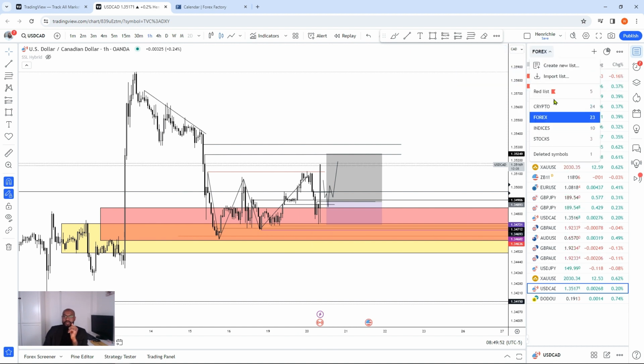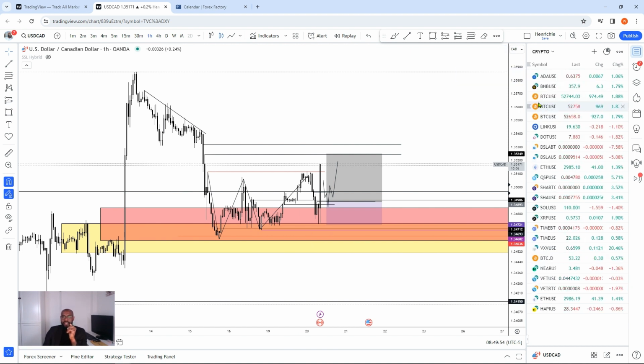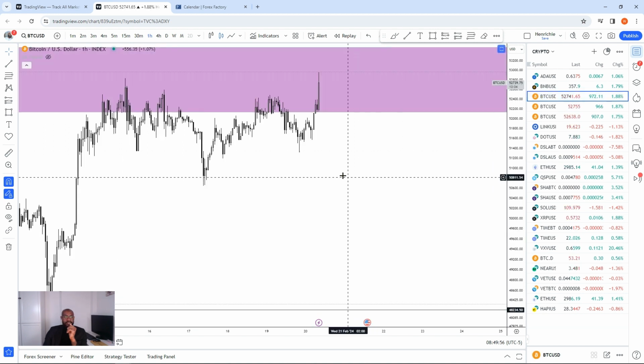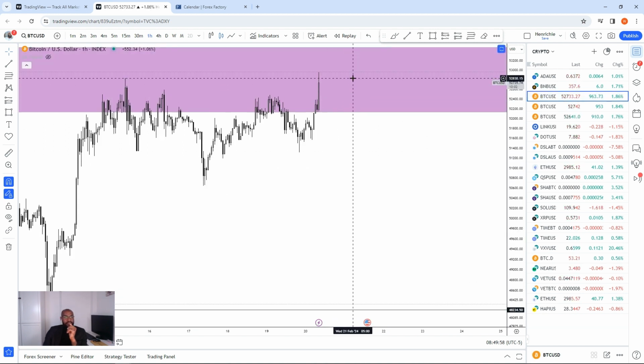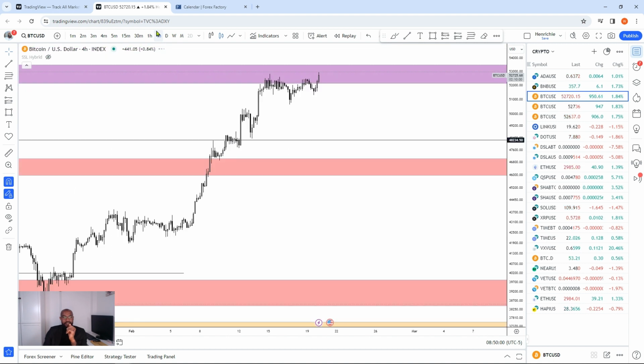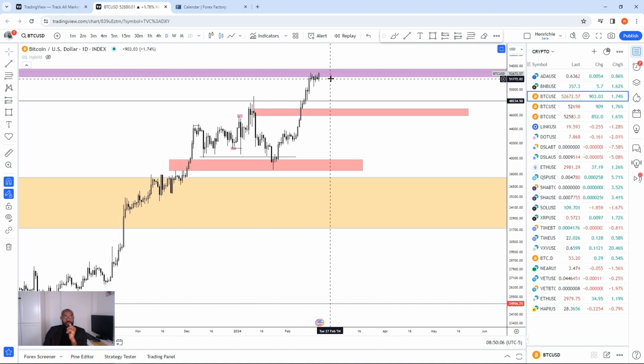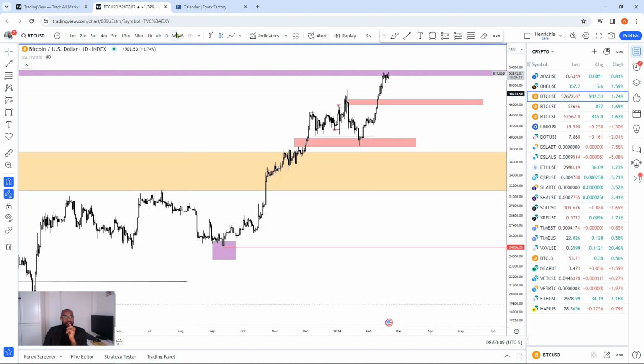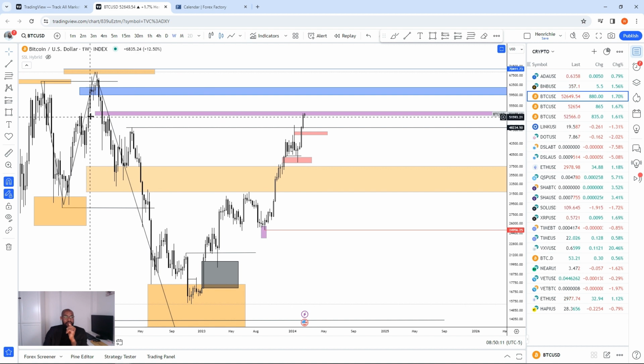So let's look at the cryptos as well to see if there's been any impact on them with the news. For Bitcoin, still creating new highs, almost hitting 53,000. Like I said last week, this position right here is going to be a resistance key level. I talked about this last week. If price comes in here, this is the only place I'm going to see some level of resistance.